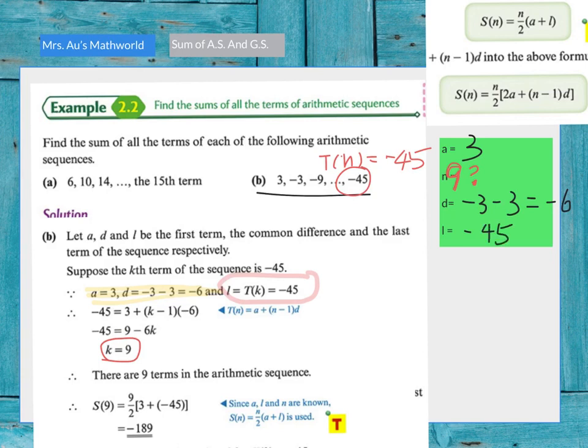And the upper formula, a plus l times n divided by 2, is of course easier to use, right? So that's why this time we don't need the d. We will use this formula to calculate to get the answer. So that's the end of this part of the lesson. See you in the next part.